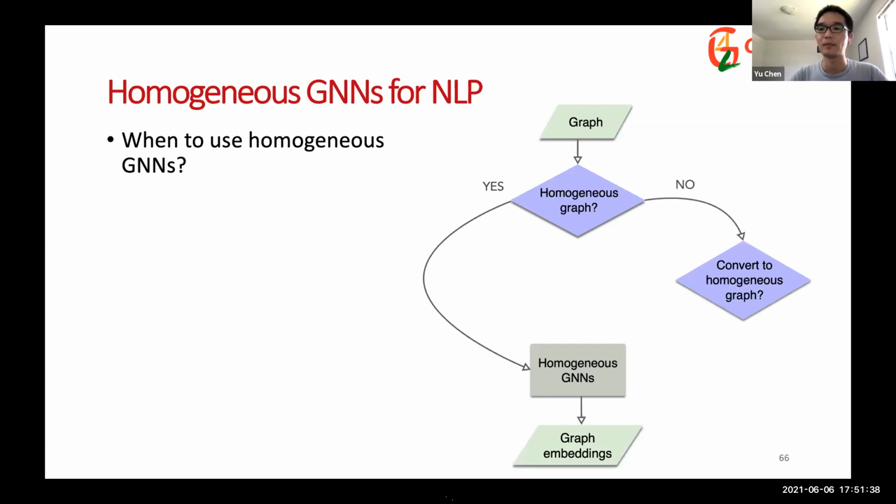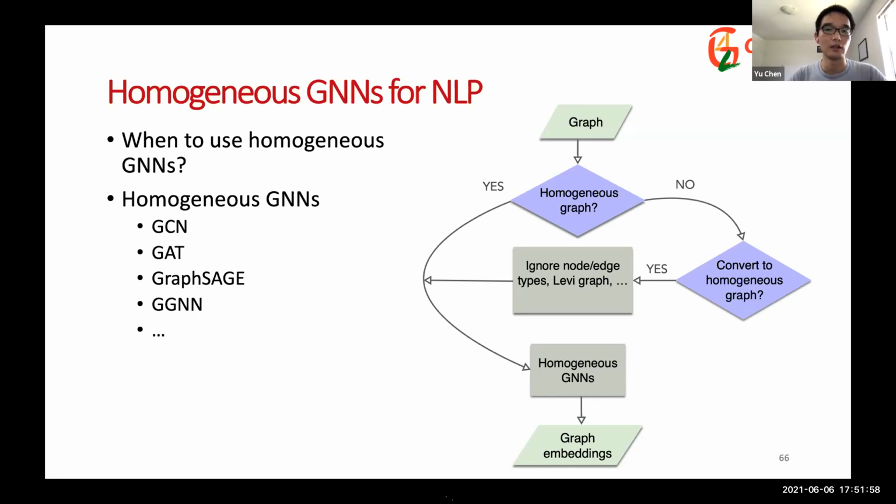If it's not, then we might want to convert the non-homogeneous graph to a homogeneous graph so that we can straightforwardly apply homogeneous GNNs. We will introduce one specific common technique to achieve this next. There are various homogeneous GNNs, and many of them have been covered in the introduction part of this tutorial, like GCN, GAT, GraphSage, and GGNN.